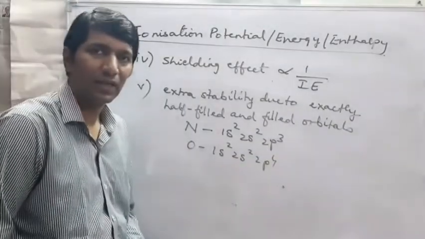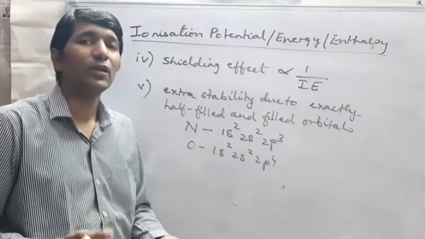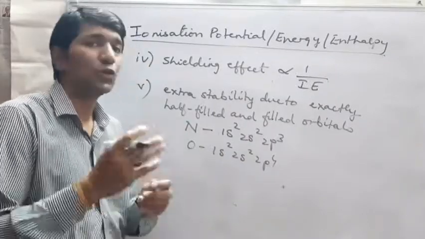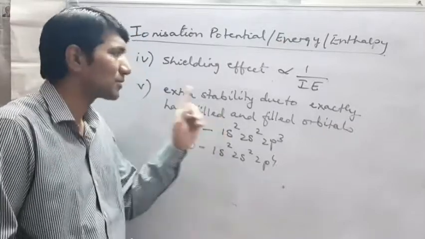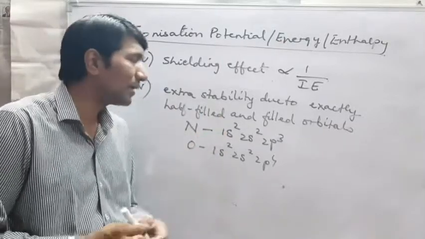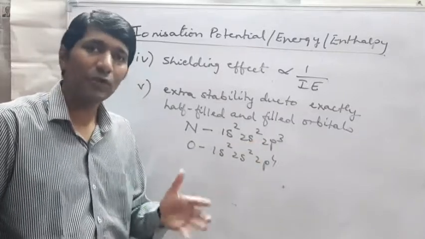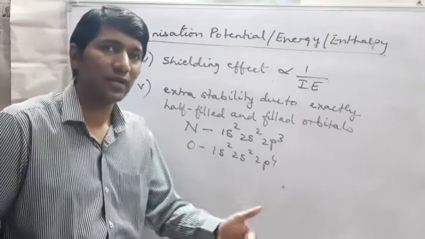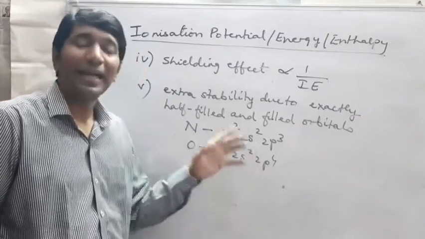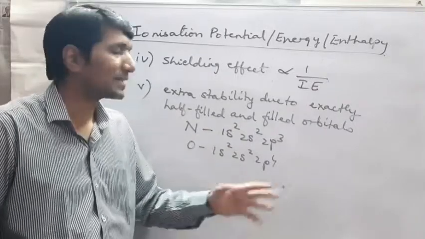Here we have 3. Now if the atom is already stable, why would it go ahead and do something with its electrons when it is already much more stable because of its extra stability? Why will it go ahead and share an electron? Now the problem is that of course nitrogen forms bonds, so it will share electrons, but that sharing can only be done if an extra amount of energy than normal is applied.